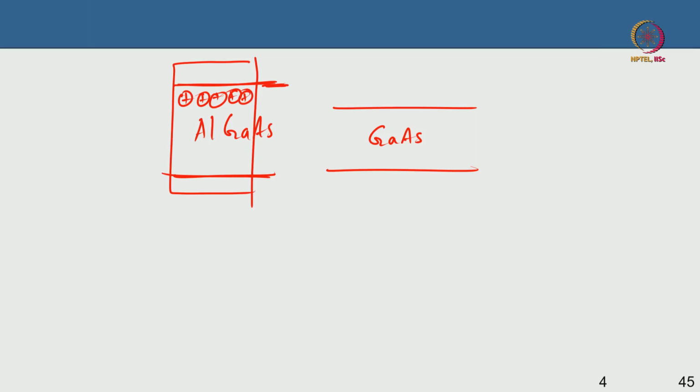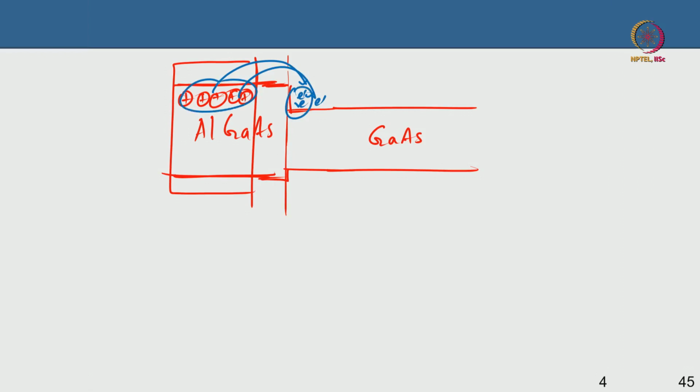This layer will be doped except for a few nanometers closer to the interface. This is your interface, no? So except at the interface, the entire thickness of the aluminum gallium arsenide is doped. Okay. So these donors will donate electrons which will come and get trapped here.